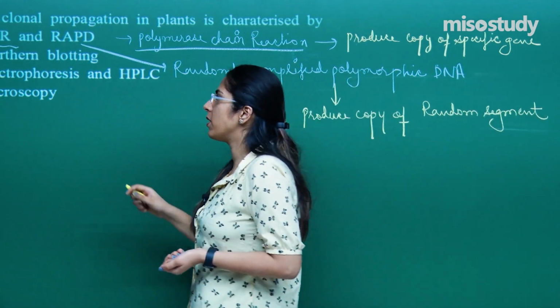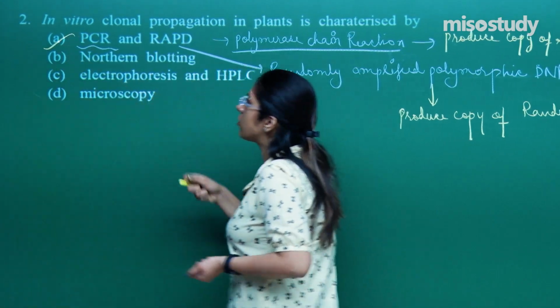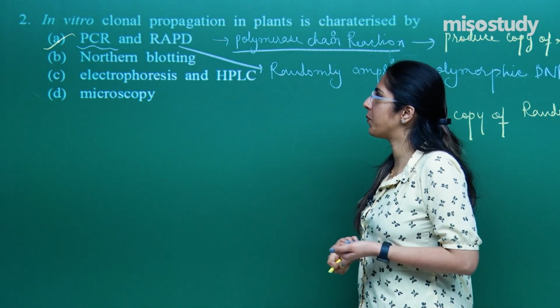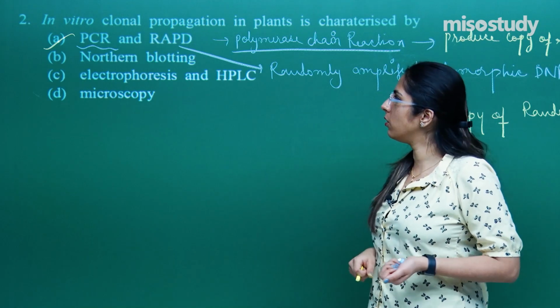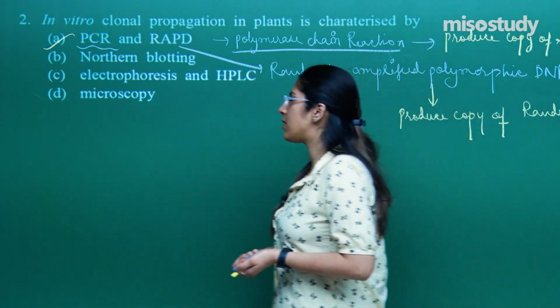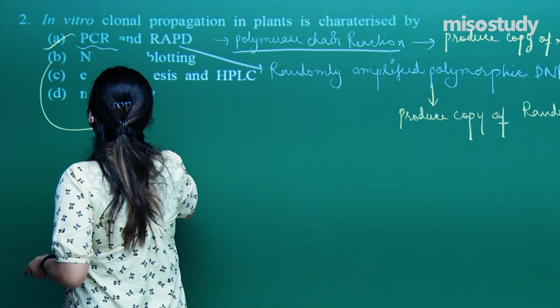So, the correct option is option A. We will not stop here, we will look at the other options as well. Option B indicates northern blotting. You must have heard of western blotting.